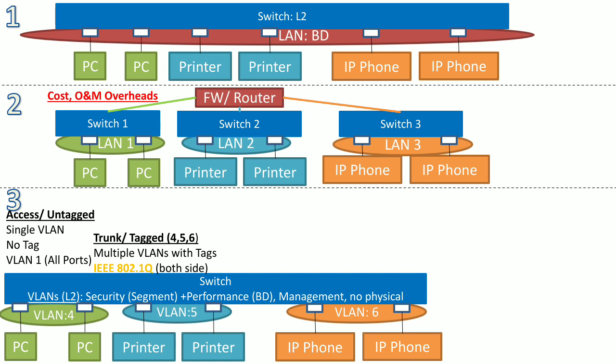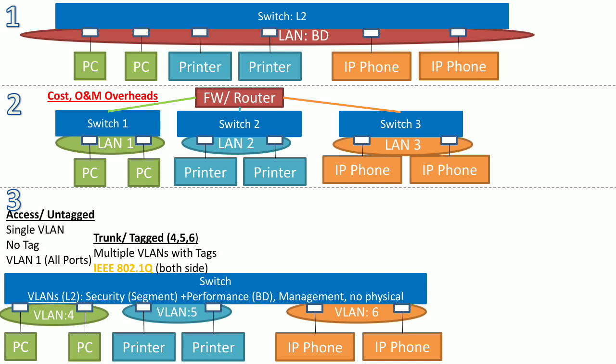If there is no tag attached to a frame, then the switch to which this tagged port belongs will not be able to make out to which VLAN this frame is associated. Therefore we attach a tag on the tagged port of the switch.